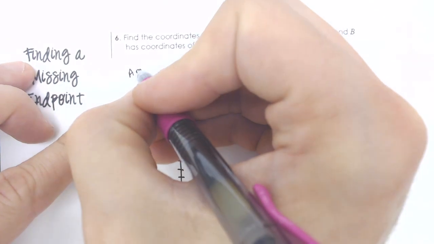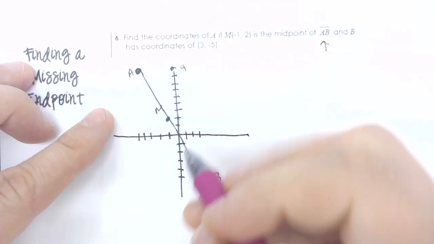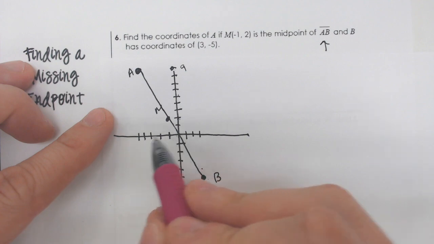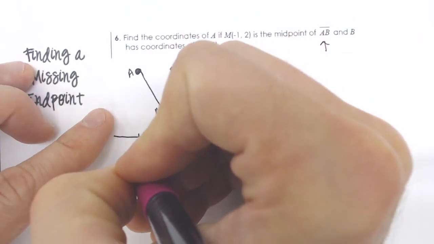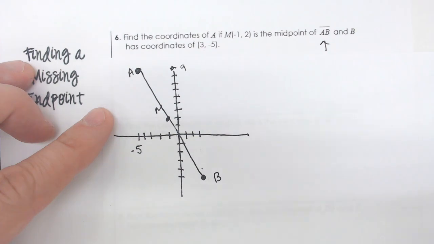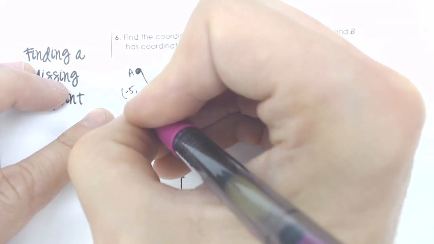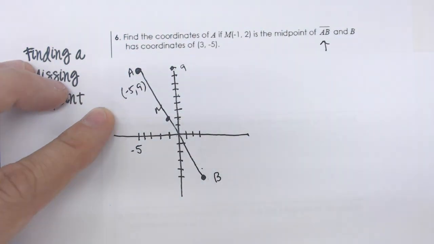And I would have my point for A. So this is 1, 2, 3, 4, 5 away from the origin. So this is -5 on my graph. And my x comma y point would be -5 comma 9.